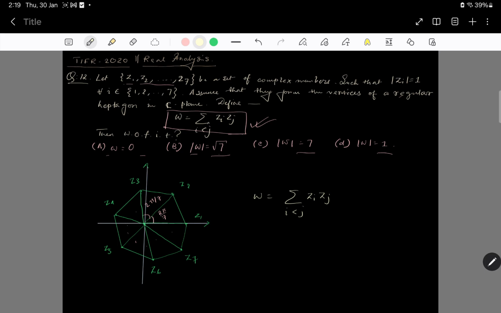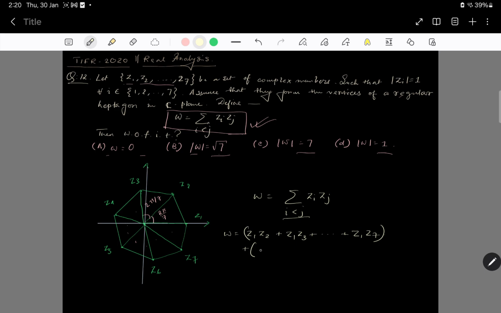In simplified form we can write it like this: z1 z2 plus z1 z3 plus dot dot dot up to z1 z7, and this is one set. Remember that I cannot take z2 z1, because in that case i is getting bigger than j. That is not allowed.